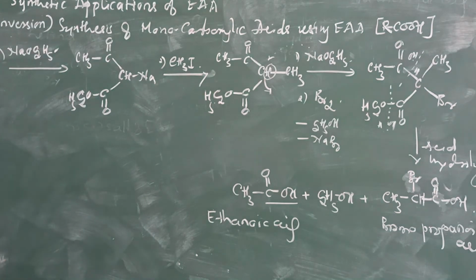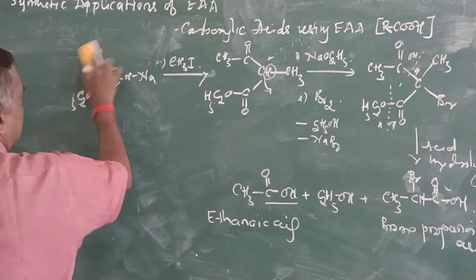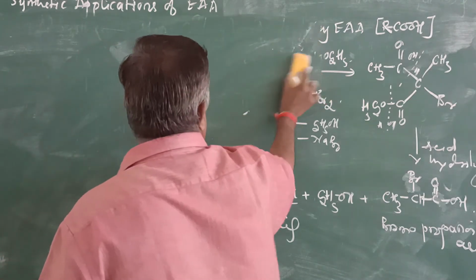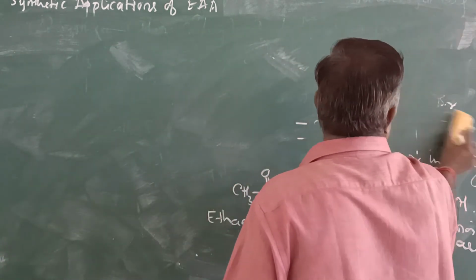So the simple monocarboxylic acids can be prepared by using ethyl acetoacetate. Similarly, you can go for the synthesis of dicarboxylic acids. Okay?